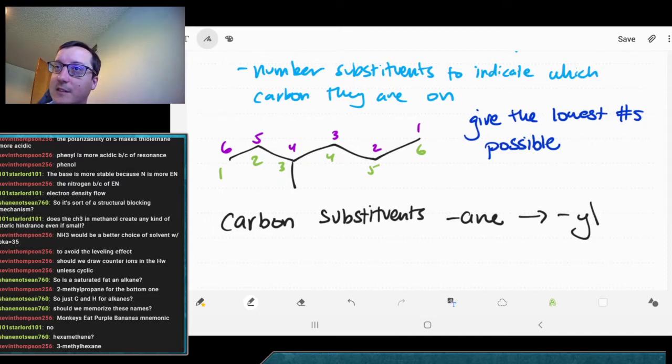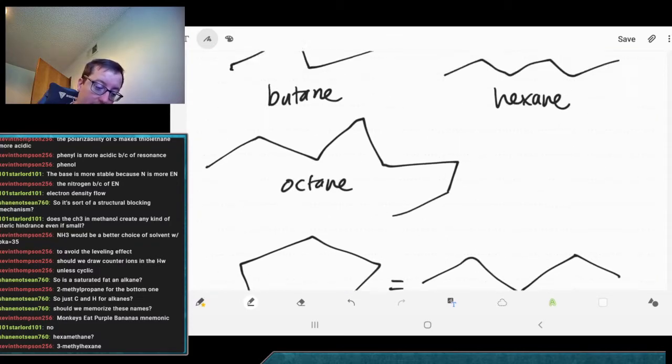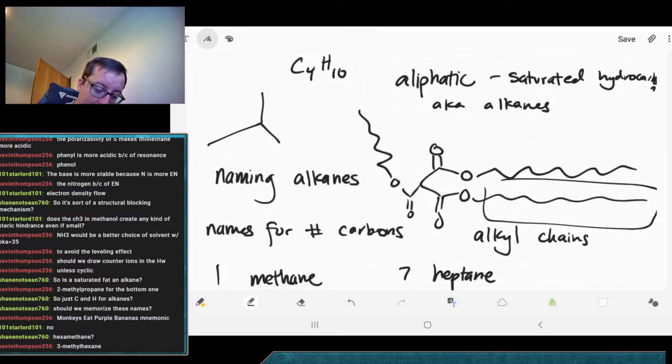When they are substituents, you change their ending from ane to yl. So we have alkanes and we have alkyl substituents on them. Just like before, we have alkyl chains in our fats, wherever they are. Notice I had this alkyl to indicate they are substituents, so they are attached to something else.